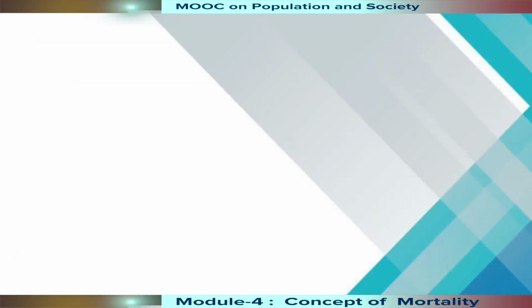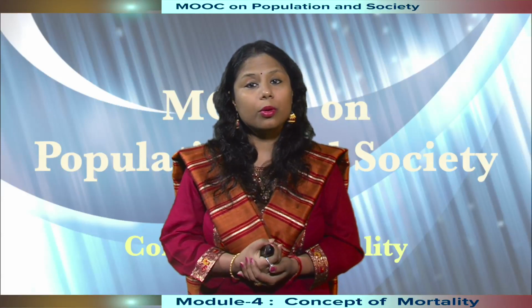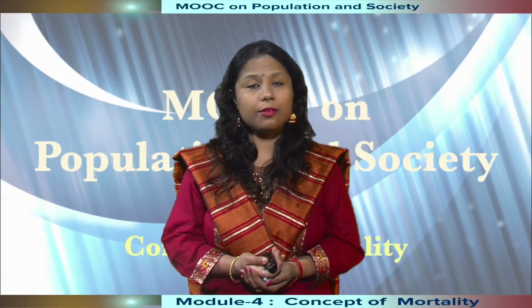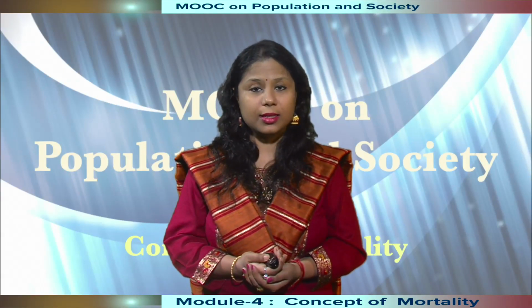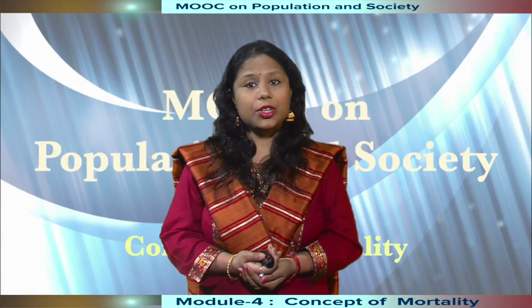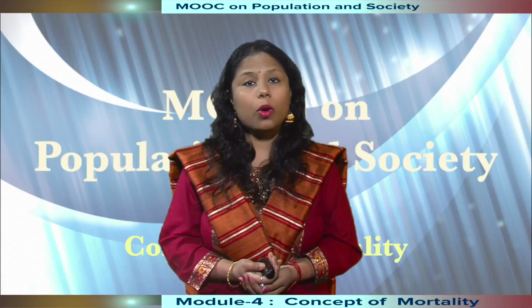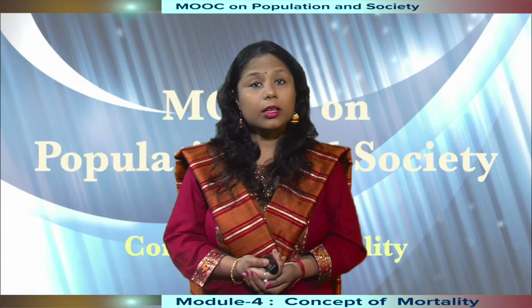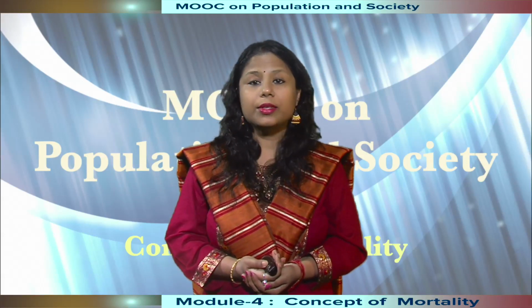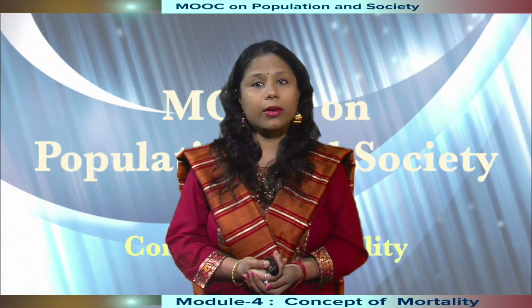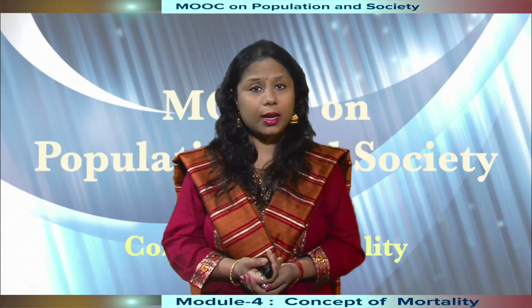Now coming to the next category, it is infant mortality. The death of a newborn within 1 year of life is called infant mortality. That is, the child dies before reaching 1 year of age. WHO states that there is a global decline in the rate of infant mortality.